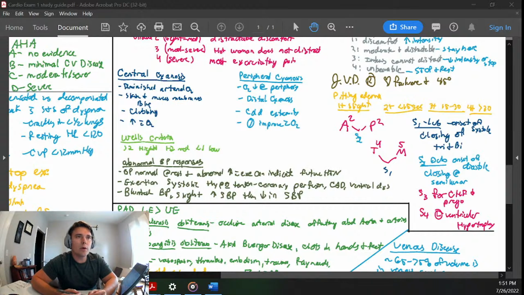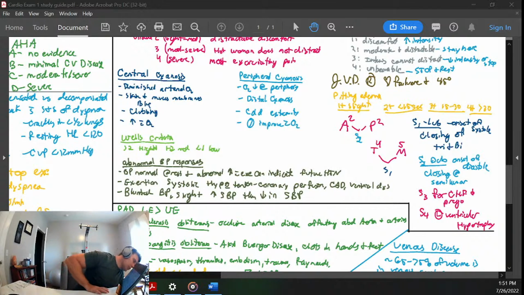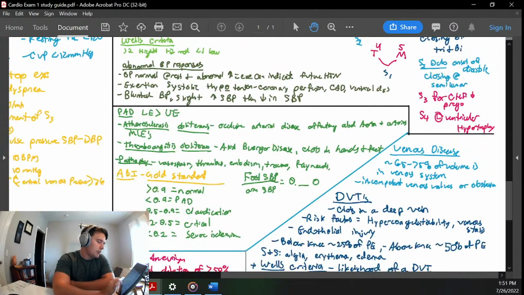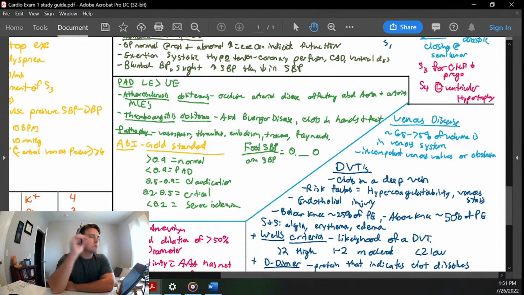So if you start out on 1 MET, 2 METs, and you increase to 4 METs, and your systolic goes up 20 points, then that's okay. But if your systolic blood pressure goes down, stop the exercise, get some help, call the physician.